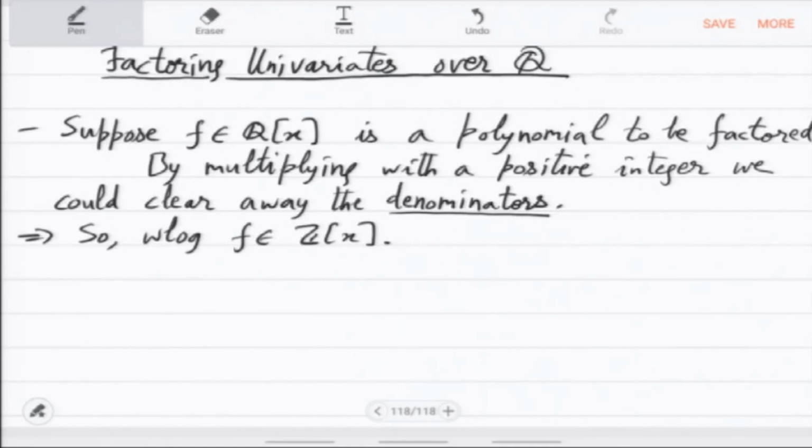If there was a fraction like 1 by 3 appearing, then you can multiply by 3 and it will become 1. So, all the coefficients can be made integers by taking, let us say, LCM of the denominators.